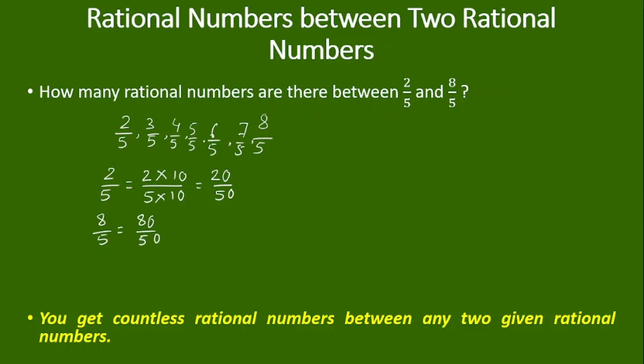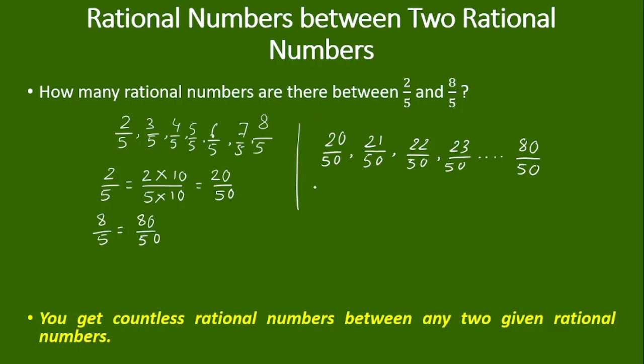Now after this 20 upon 50, what are the numbers which I have? After 20 upon 50, I will have 21 upon 50, then 22 upon 50, then 23 upon 50. Likewise I will go up to 80 upon 50. So these are all the numbers lying between 2 upon 5 and 8 upon 5.